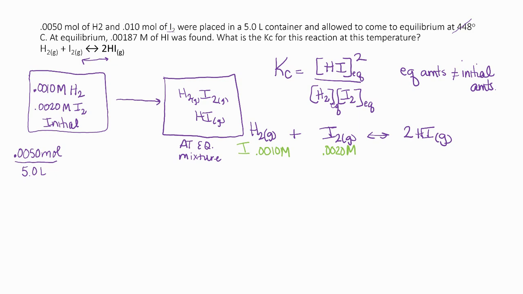Okay, now I need to think about how the question was worded. Initially, I had 0 of the HI, correct? We saw the initial amounts of H2 and I2, and they were placed in a 5-liter container. There was no HI placed in there. Okay, we know that at equilibrium, I'm going to show that as E. What's given is we know how much HI was in there.